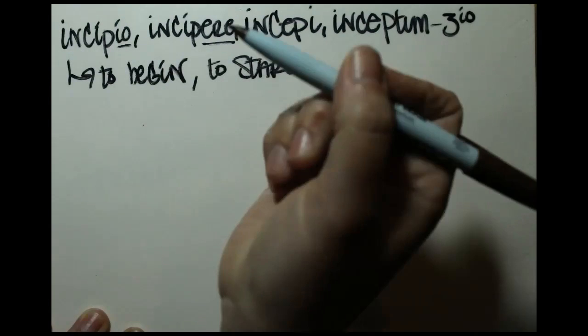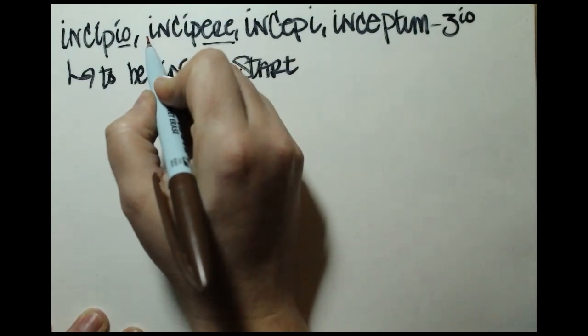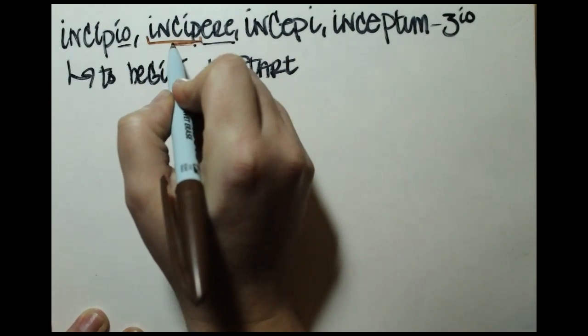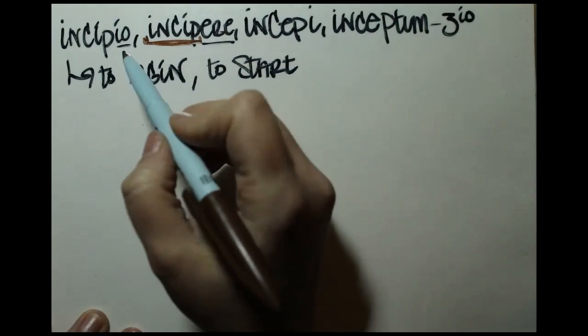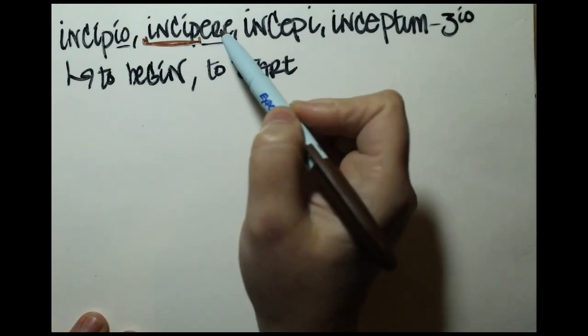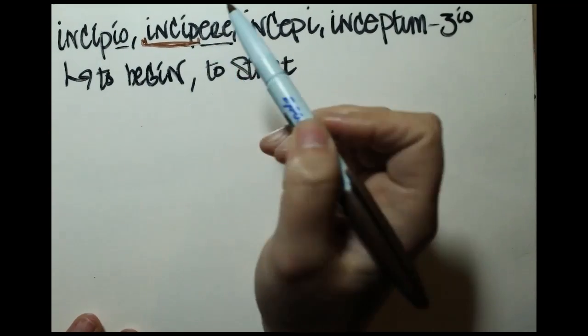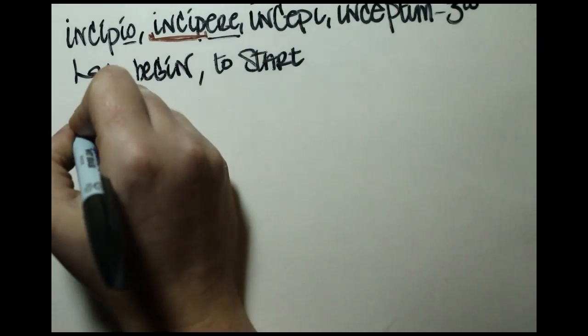How do we find our stem? We ignore our terminal ERE, and this right here is our stem. Because this is not a first or second conjugation, we have to do something different than use the thematic vowel.